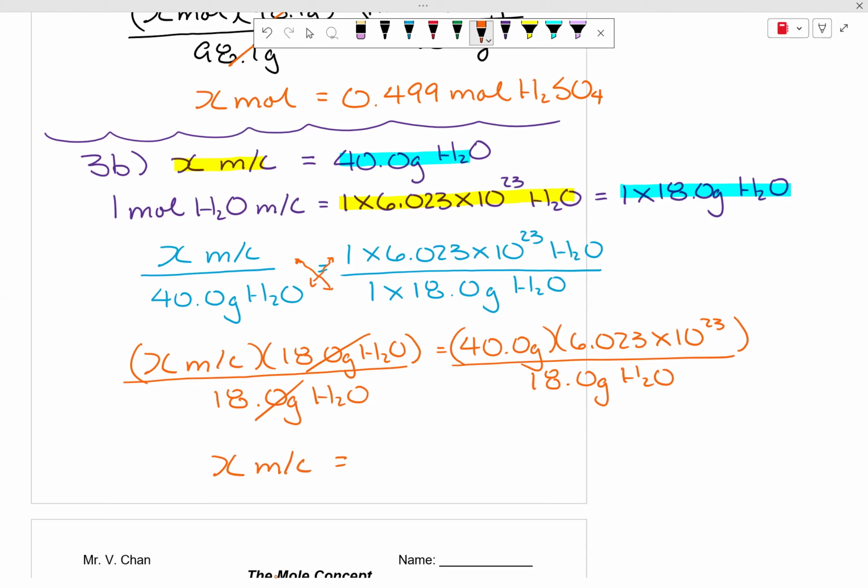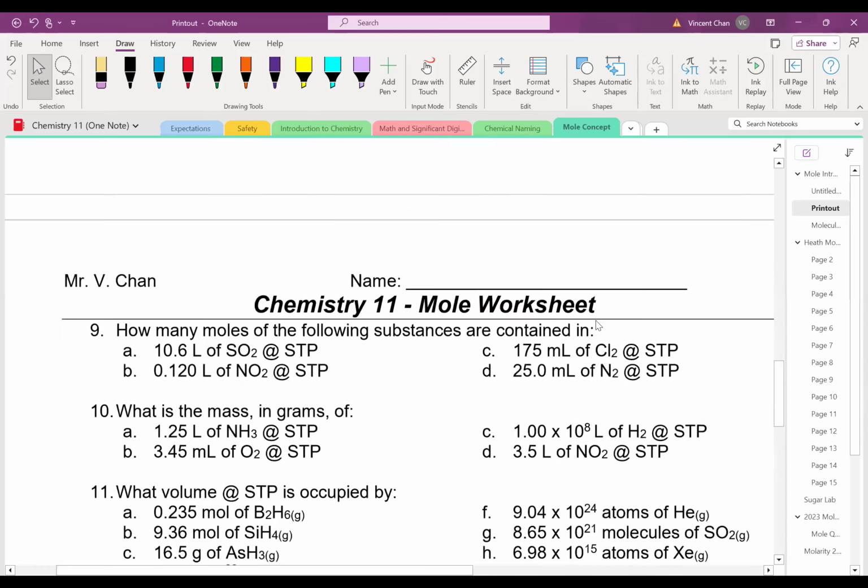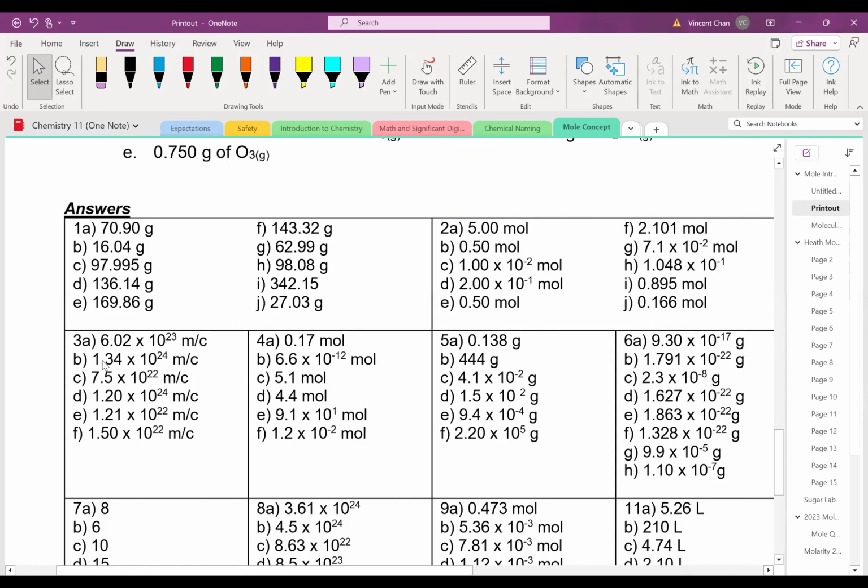That would give me an answer of 1.34 times 10 to the 24 H2O molecules. If we take a look at question number 3b, the answer is 1.34 times 10 to the 24.